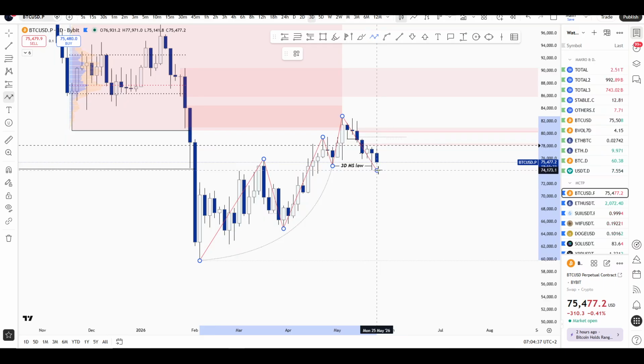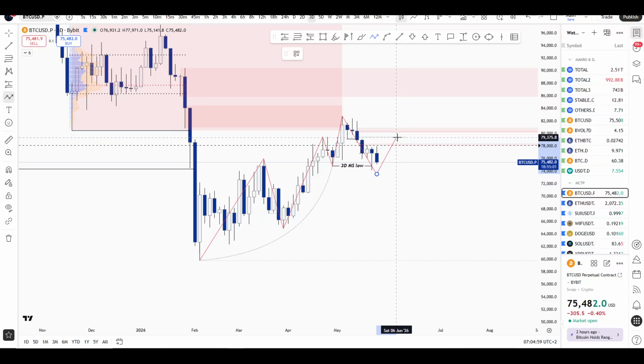If we break it, this does not mean that we instantly will make something like this. So let's say we break here, the candle closes there. There's a high chance that we retrace, for example, till here or something.